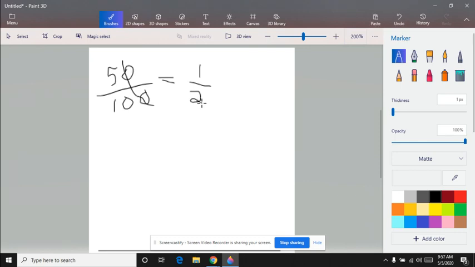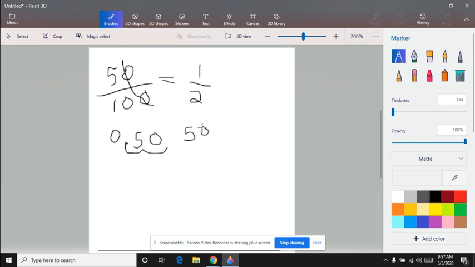So in simplest terms, that fraction is 1/2. Okay, so that's the fraction form of it. Now, the decimal form, 50 hundredths, is 0.5 because you don't have to have that extra 0. But if I bring my decimal place 2 points over, it is 50%.